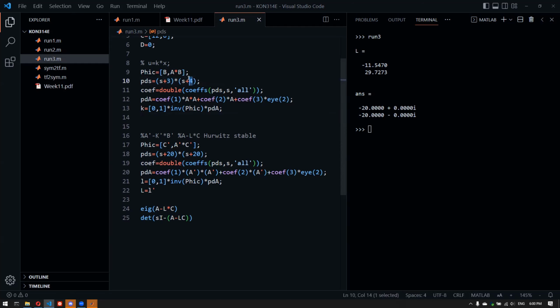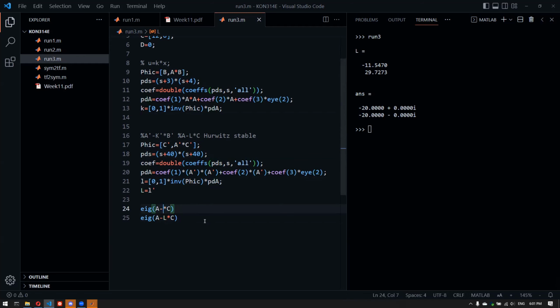For example, if this is 4, we can just use 40, and by doing this, we kind of ensure that the observer is way faster than the control loop, because they're more on the left than the system poles. So it should be basically faster than the control loop here.